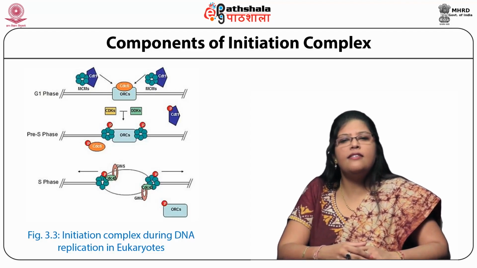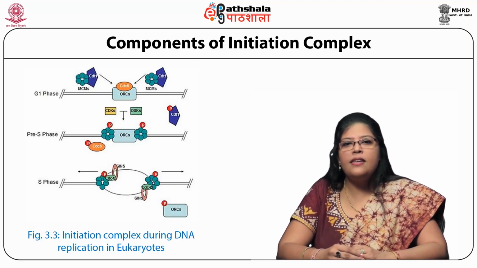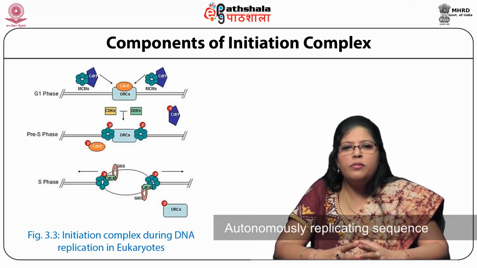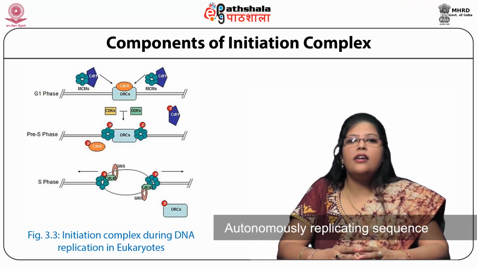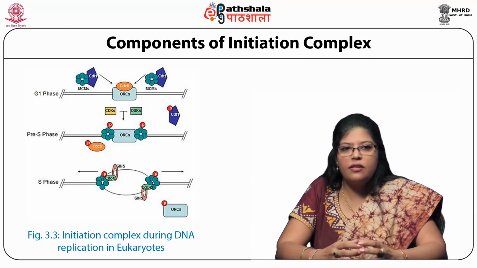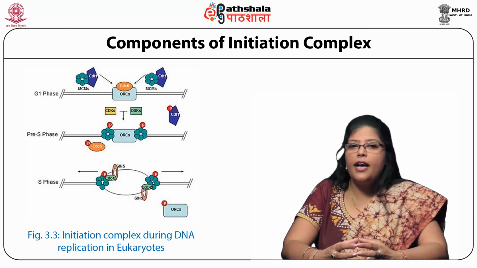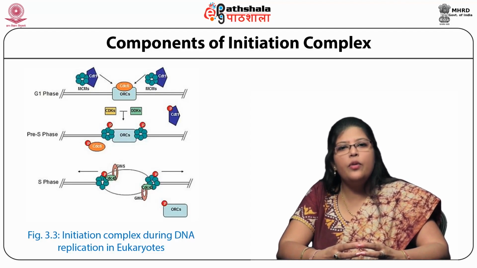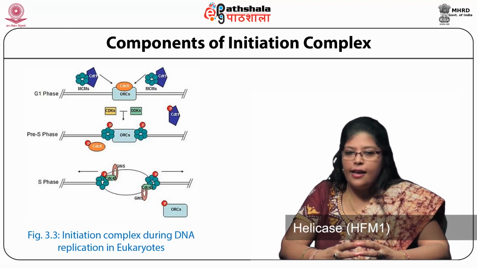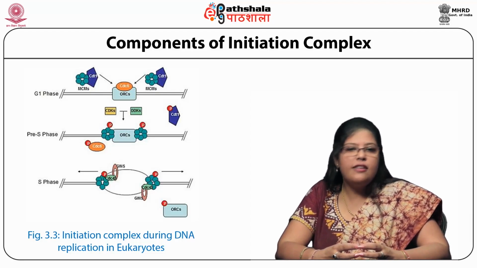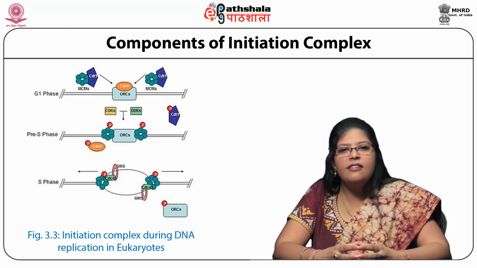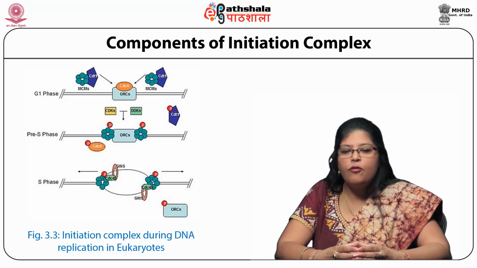MCM proteins are the single-strand binding proteins present in a heterohexameric form. Autonomously replicating sequences are specific conserved AT-rich sequences that are identified as the origin of replication in the eukaryotic chromosome. HFM1 acts as the helicase whose main function is to unwind the DNA duplex and provide a single-stranded DNA template for replication.